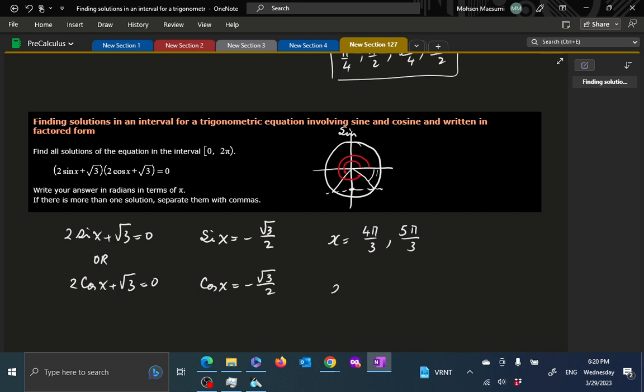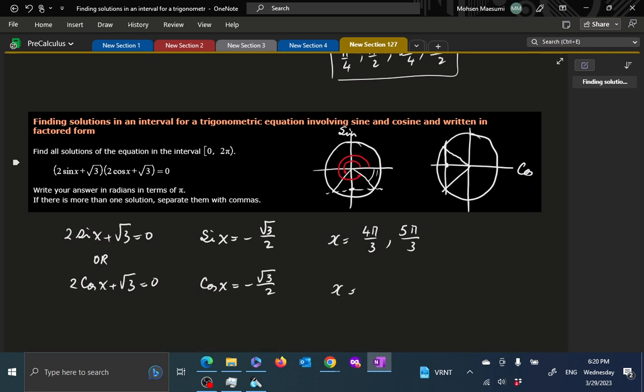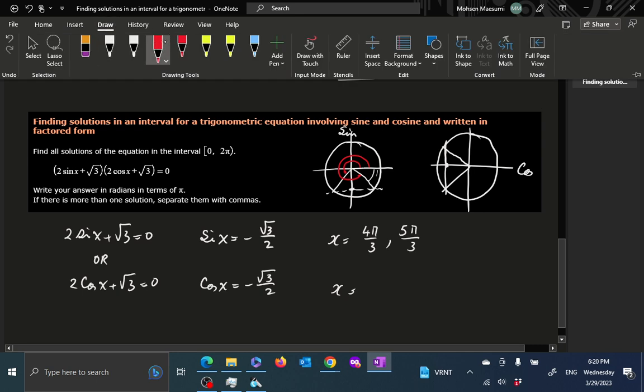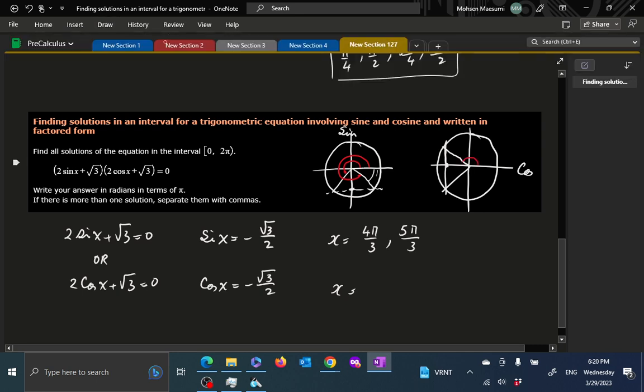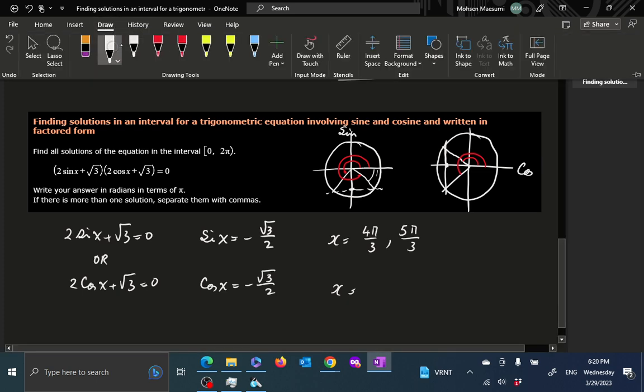For the cosine, cosine being equal to minus radical 3 over 2, for cosine we go on the cosine axis. We are at minus radical 3 over 2, and that's where we are. We want to have these two angles aimed for us. So again, either look in the table or reason your way to the final picture.